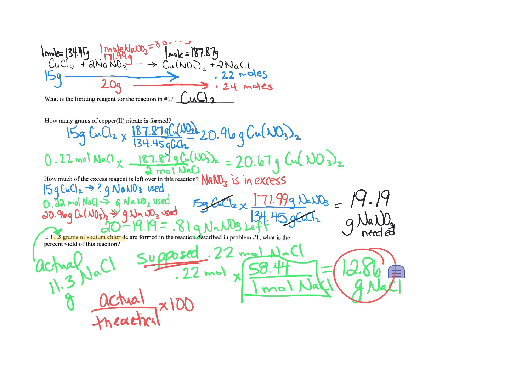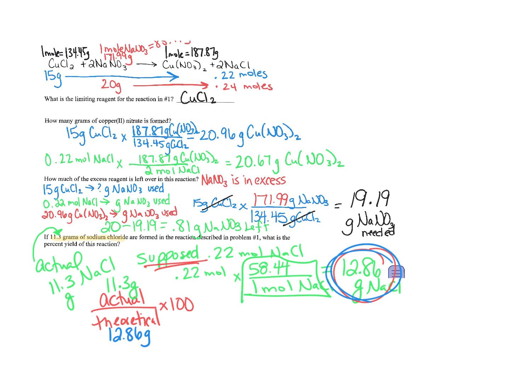In the case of our data, we actually got 11.3 grams of NaCl. Theoretically, according to our calculations, we should have gotten 0.22 moles, which would be 12.86 grams. So we take 11.3, divide it by 12.86, multiply that by 100, and that's going to tell us our percentage yield.